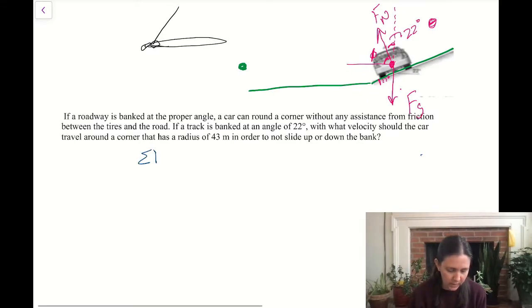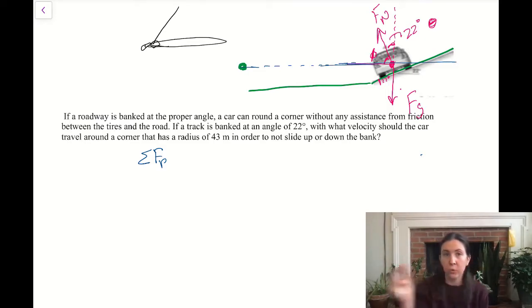All right, so first things first, we drew a picture, we drew a free body diagram, so we'll need to sum the forces in the radial direction. Now, here's the center of our circle, and the radial direction is anything along that line. The force of gravity is perpendicular to our radial direction, so it does not contribute to the centripetal force.